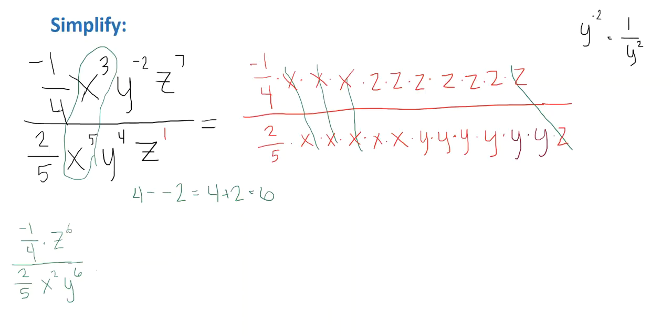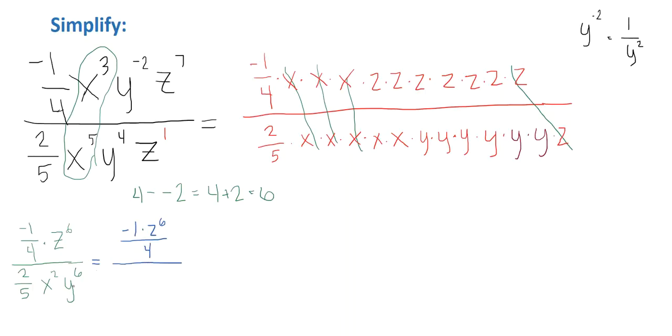So now we need to deal with these two fractions. On the top, we have negative 1/4 times z to the 6th. That would be the same as negative 1 times z to the 6th over 4.